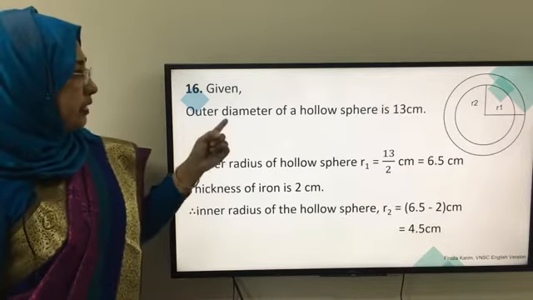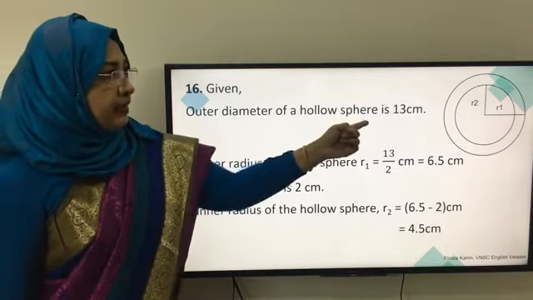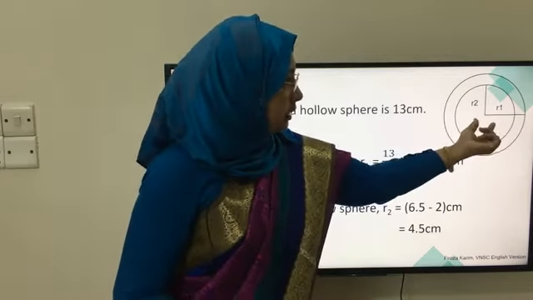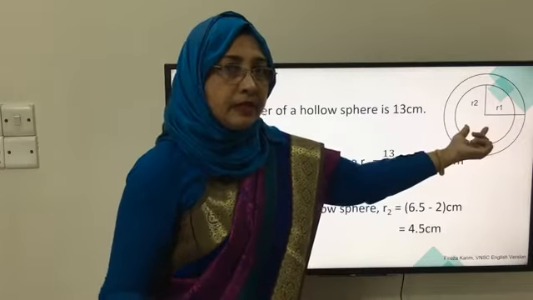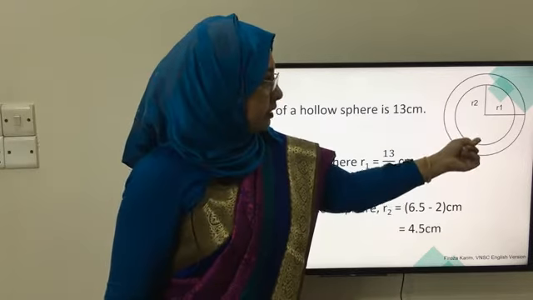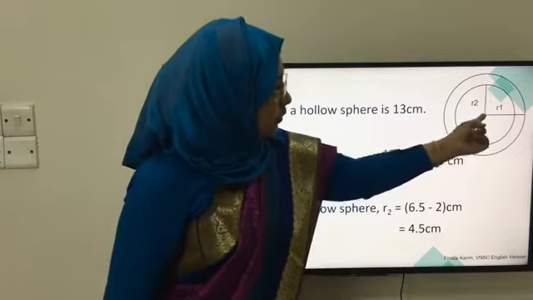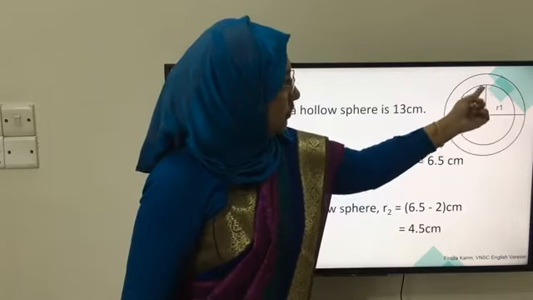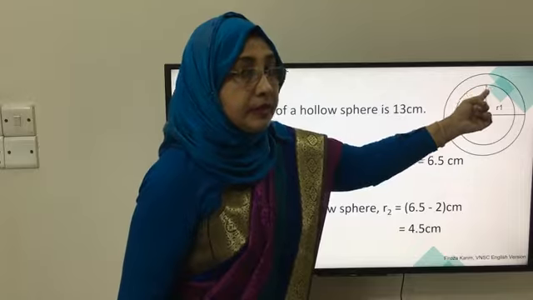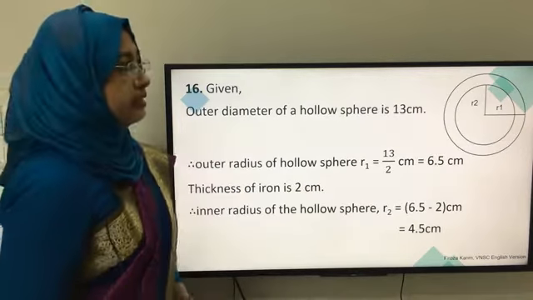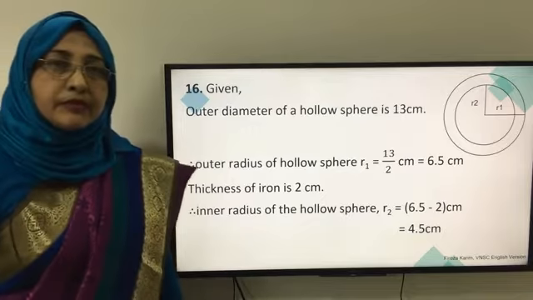Here, given the outer diameter of the hollow sphere. Look at this figure. This is the hollow sphere, that is the inside space is vacuum, and this is the thickness of the sphere. So there is an outer radius and also an inner radius. Obviously the inner radius is less than the outer radius, and less by what?